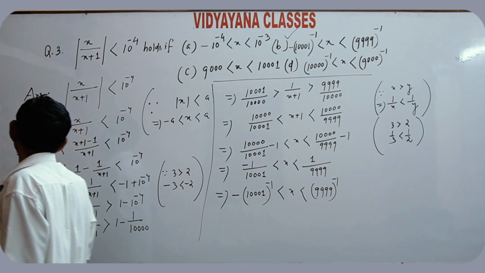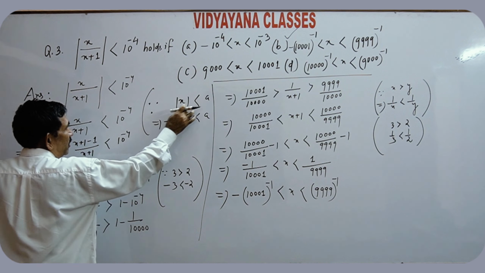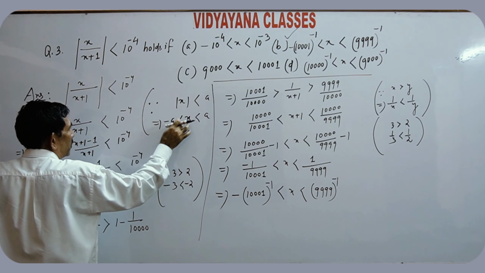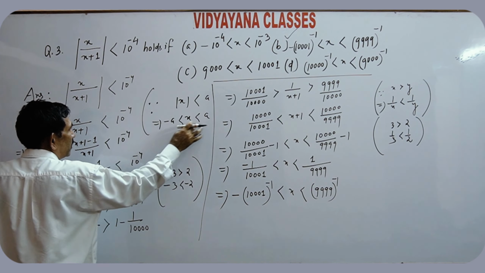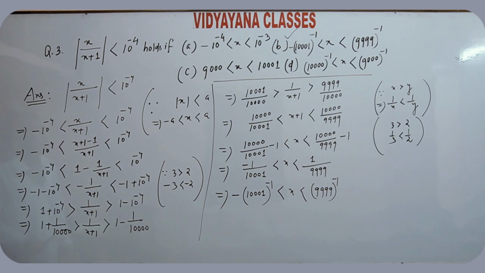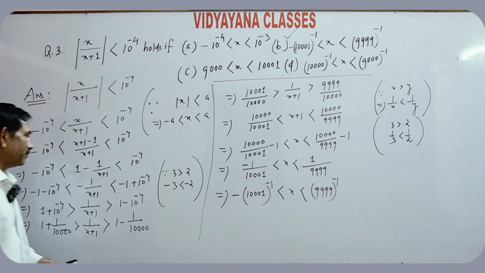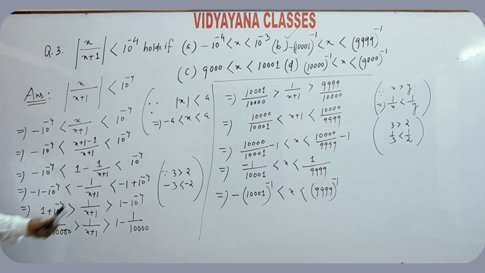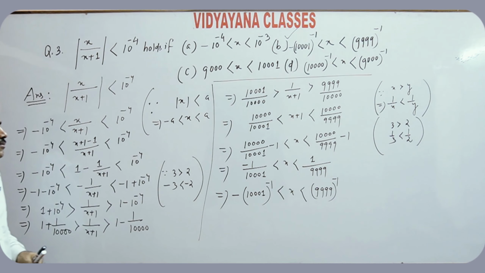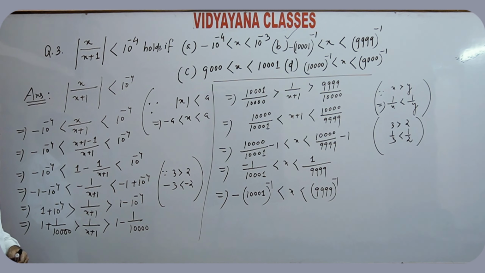Clear? |x| less than a implies x greater than minus a and less than a. Only one concept in this problem. Are you clear? Okay, note down.